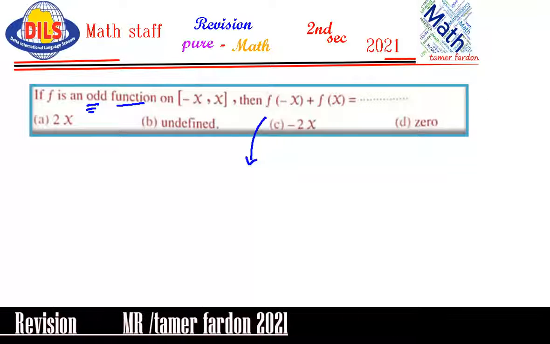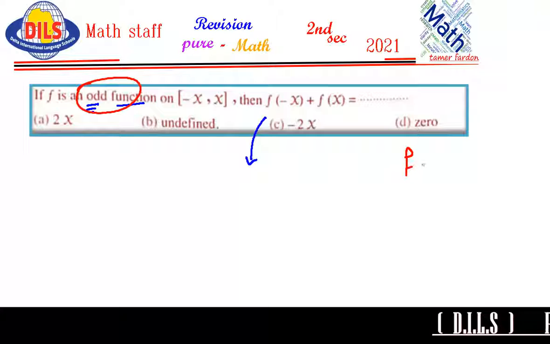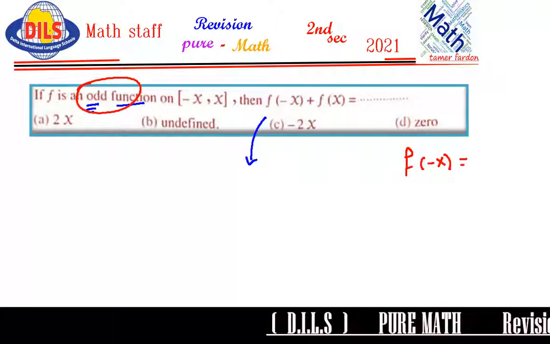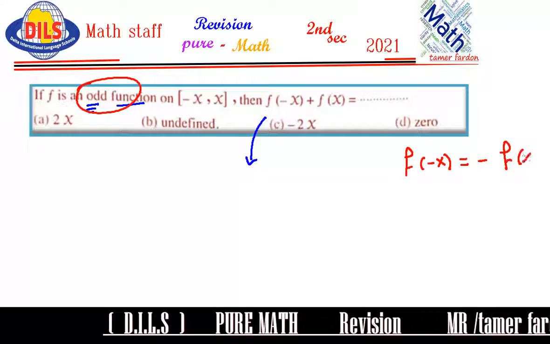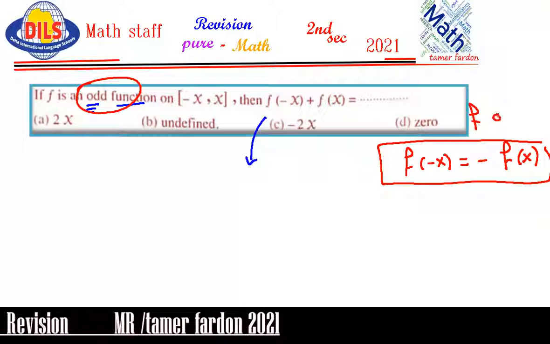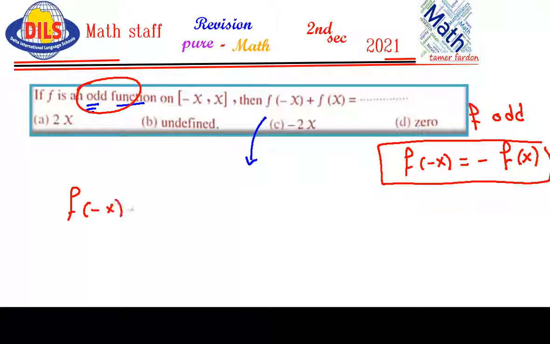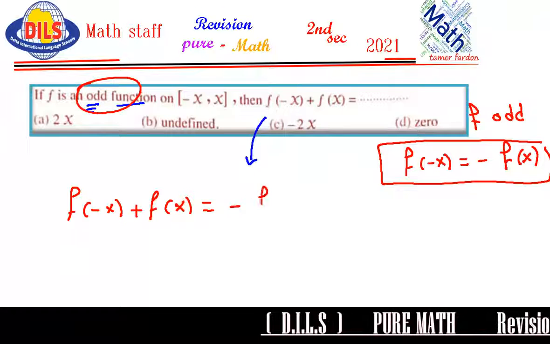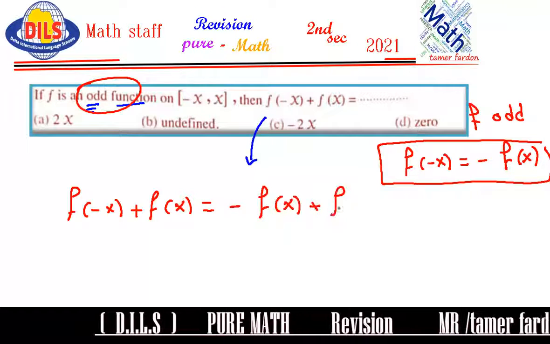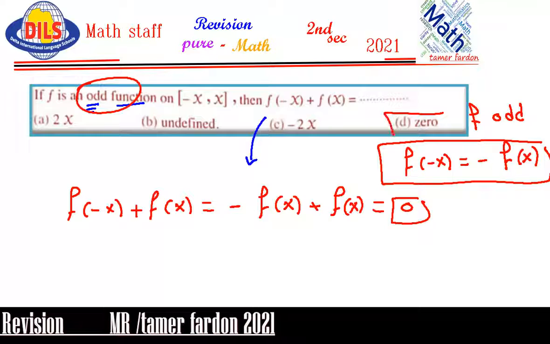Since f is an odd function, f of negative x is equal to negative f of x. So f of negative x plus f of x is equal to negative f of x plus f of x. This equals 0. So we get 0.